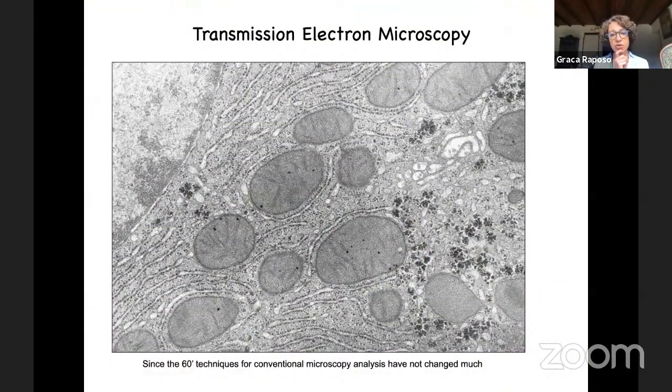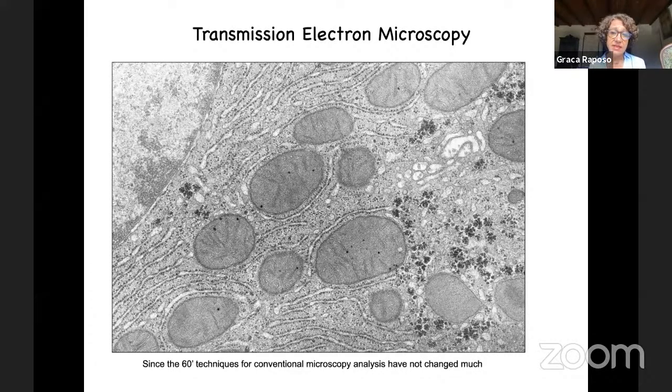So I like to show this image because this is a very old image. This is a pancreatic cell, and you have here all this endoplasmic reticulum. You see a bit of the nucleus, you see the mitochondria, and this is an old picture from over 50 years ago.